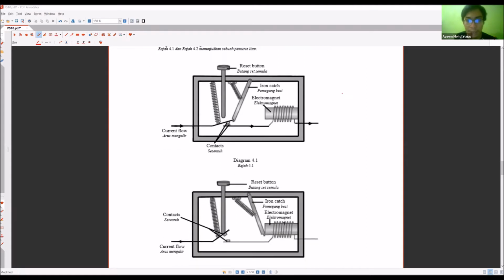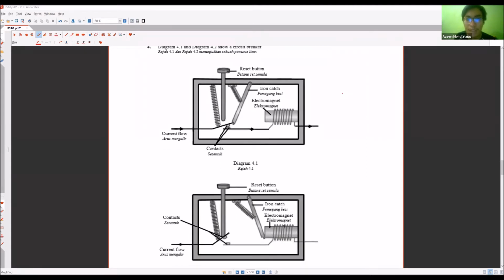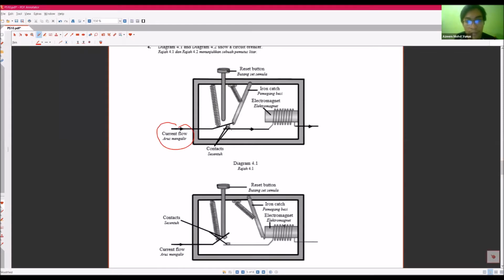The working principle of the circuit breaker is the concept of electromagnetism. When there is a current flow, there is a contact here.